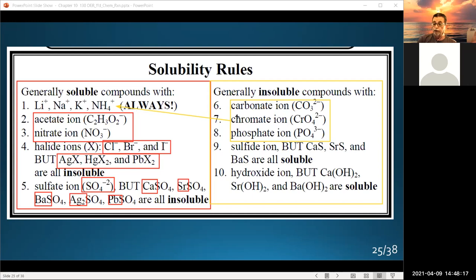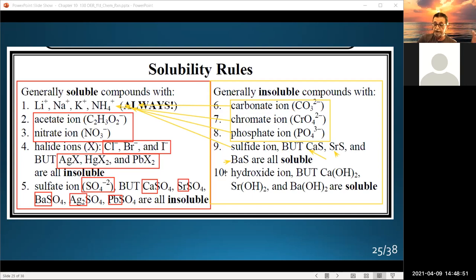The same is true for chromate and phosphate. The rest of the time, they're always insoluble. Same is true with the sulfide, unless the sulfide is bonded to the big 4, as I stated, or calcium, strontium, or barium. So there are 7 examples of sulfide that are soluble and the rest of them are insoluble.